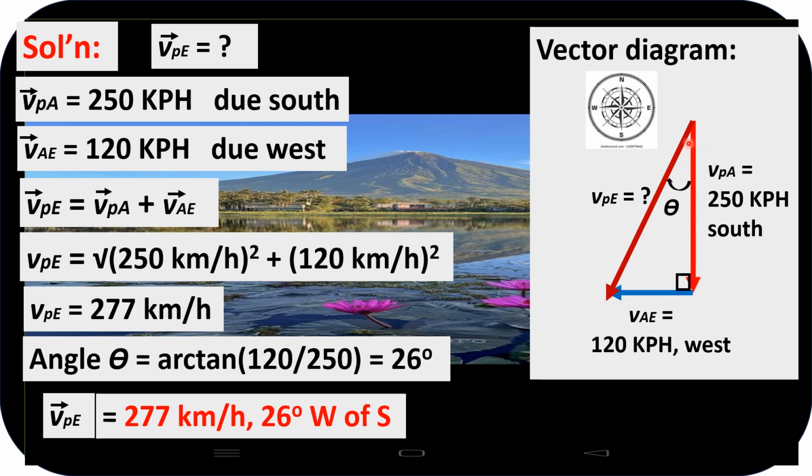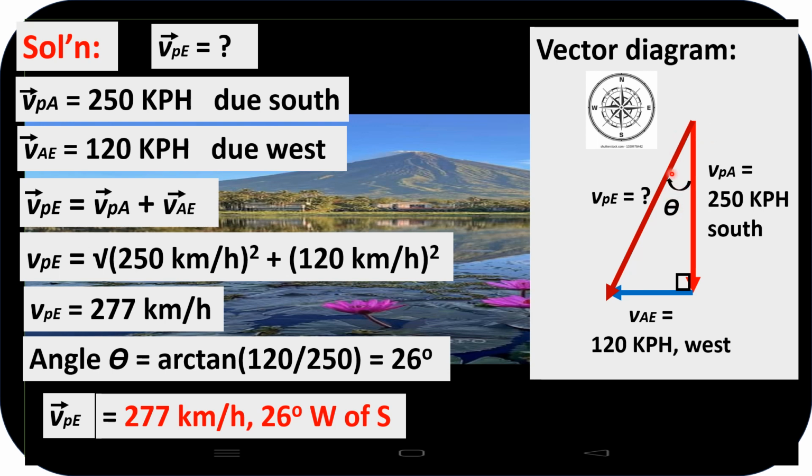In this case, the reference is the south geographic axis, and we are describing the direction of the hypotenuse, or the velocity of the plane relative to the Earth.